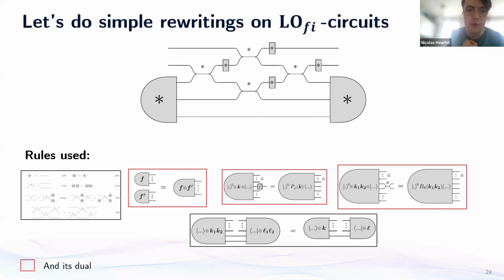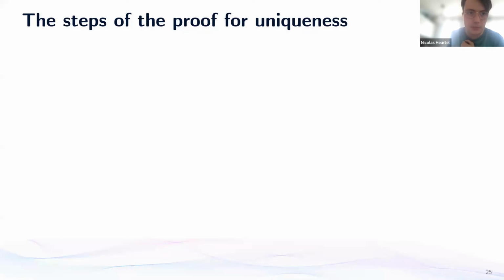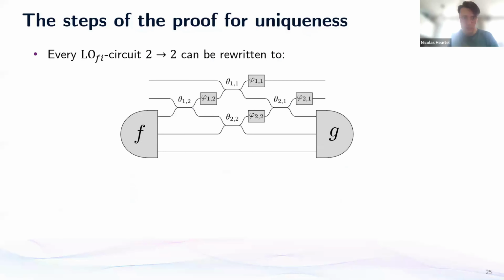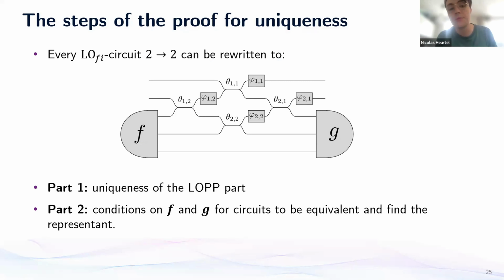And now I will try to show you that it is almost the unique form that we are looking for. So for now, we just take that example. It can be generalized, of course, for n inputs and m outputs, but I will just take that circuit for all the presentation. The proof that this form is unique is: first, we will show that the angles of the beam splitters and phase shifters inside the circuit that we couldn't trivially absorb in the Sources and Detectors are unique.